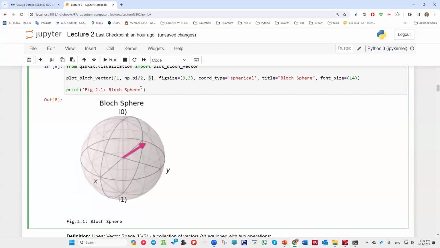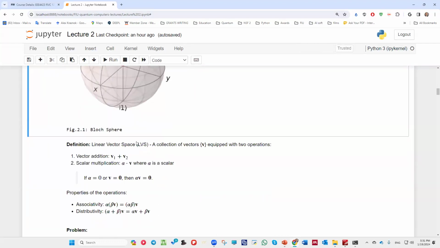The state also can change in amplitude. For example, it can drop in amplitude to 0.5, and so on. So this theta angle also can change. This is a nice way to represent a state of a quantum system: the Bloch sphere.